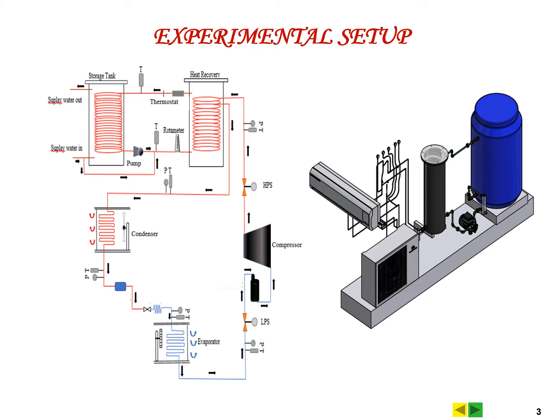It is important to have sufficient information and analysis of the amount of energy in the waste heat. This parameter will affect the performance of the system. The circulating water for heat recovery in this experiment was maintained at 13 liters per minute.